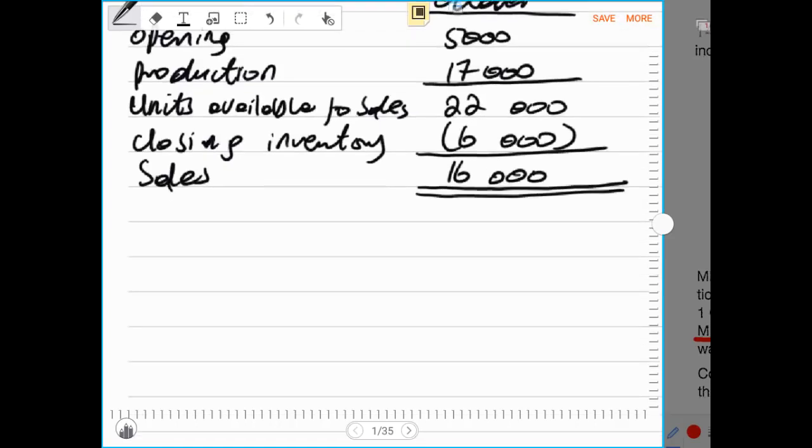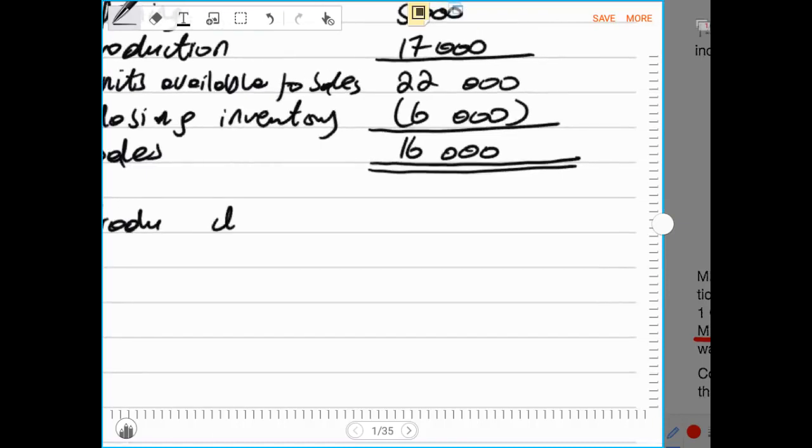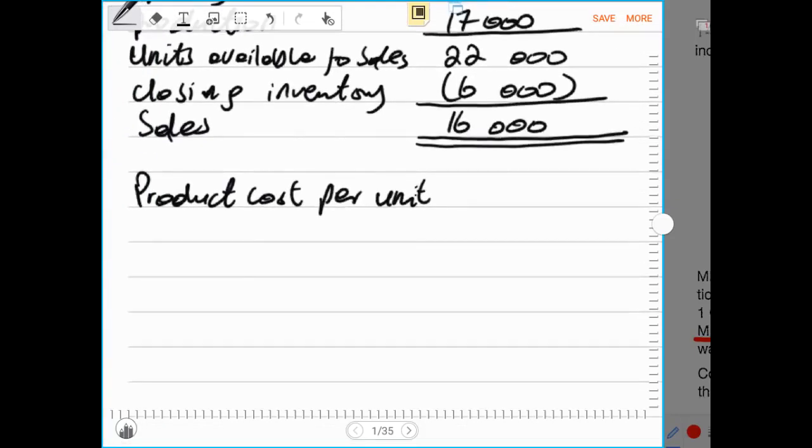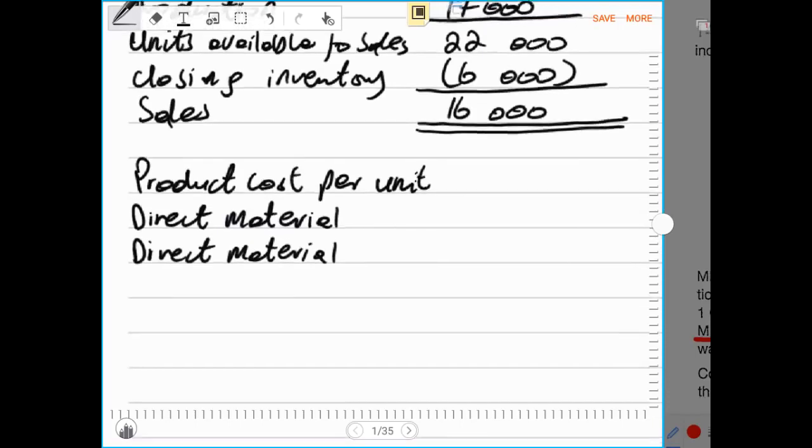Then after, we need to calculate the unit cost, or what is called the product cost per unit. In the product cost per unit, we know that we must have direct material. And we also need to know the direct labor, because remember that total cost of production is made of material, labor, variable manufacturing overheads, and also the fixed cost.